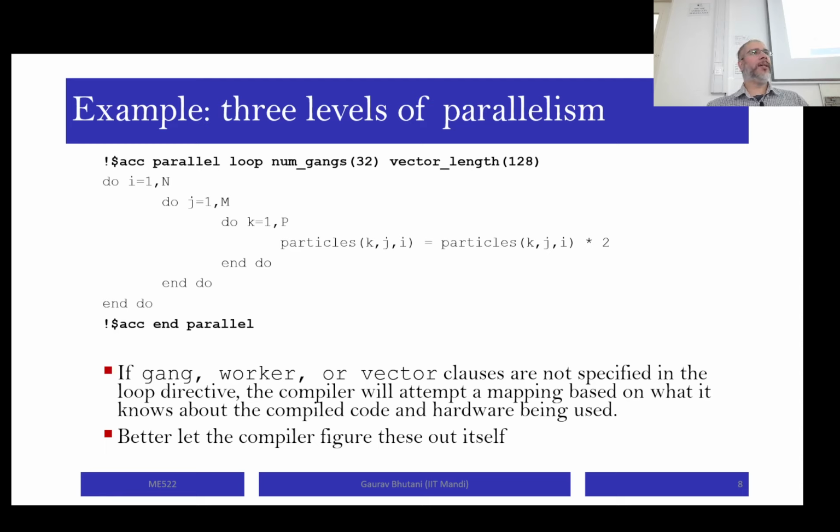It is not necessary, like you had in CUDA kernels, to specify this information; the compiler will figure it out by itself. So, the number of gangs and the number of threads in a given vector. Vector length or worker size, the number of threads in a worker, is used interchangeably. They have a subtle difference, but we will not worry about that for now.